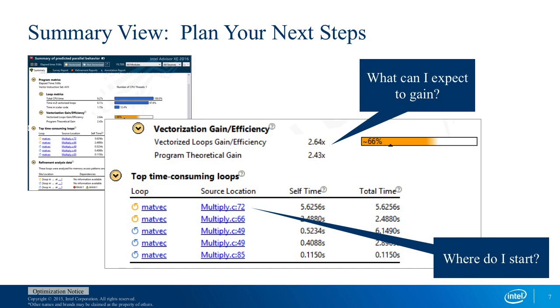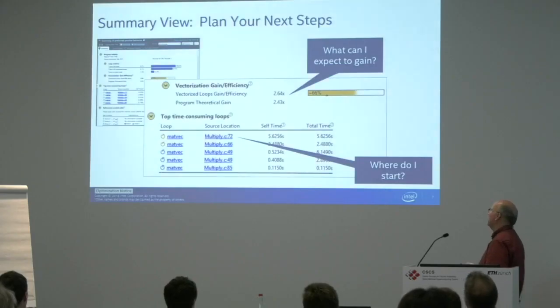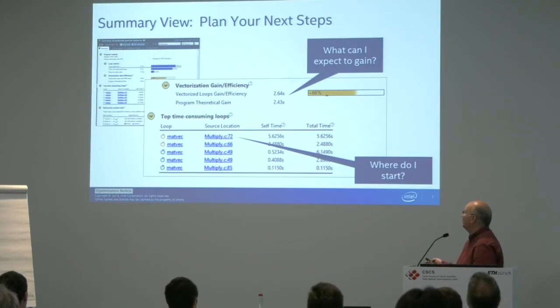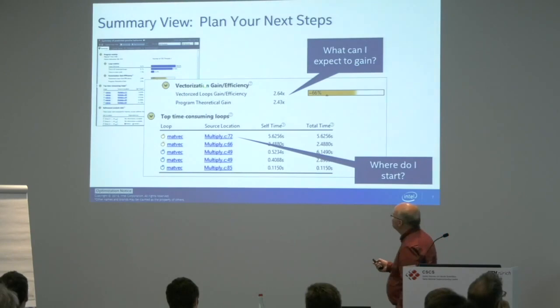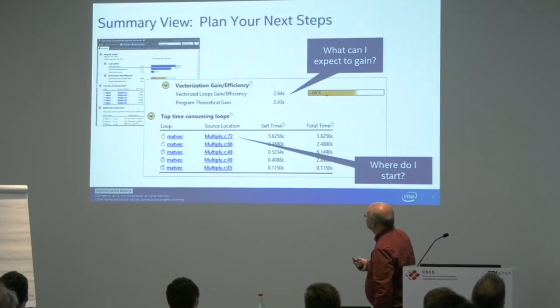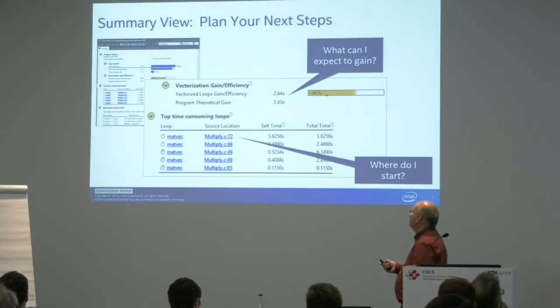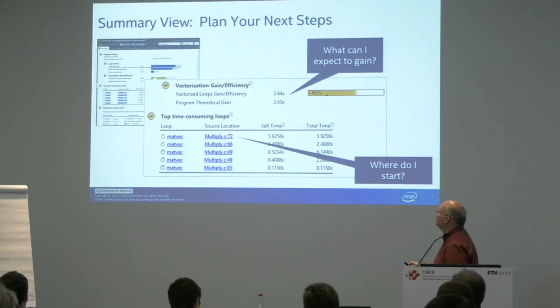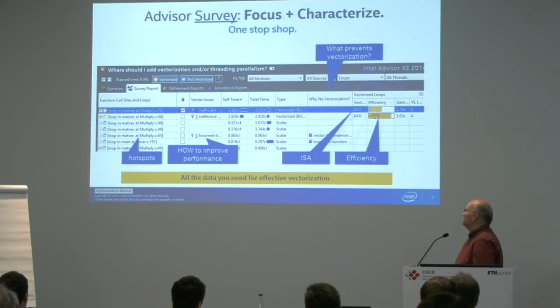And then it shows us the hot loops, and you can see where we are here on the first. And here's a little bit more about the total CPU time and the CPU time in vectorized loops and in scalar loops, and then the efficiency. So this would be the overview of the survey.